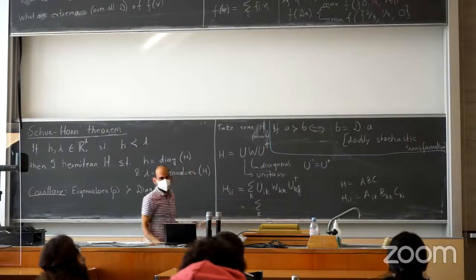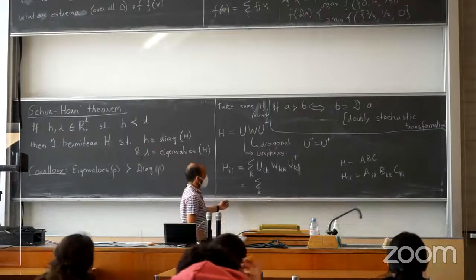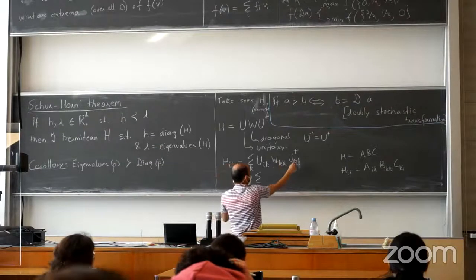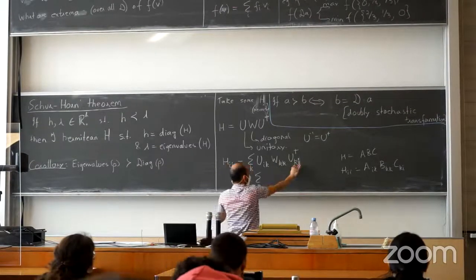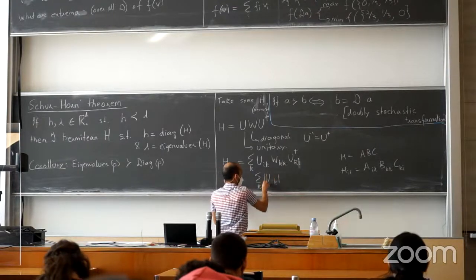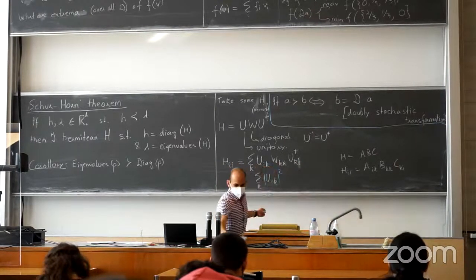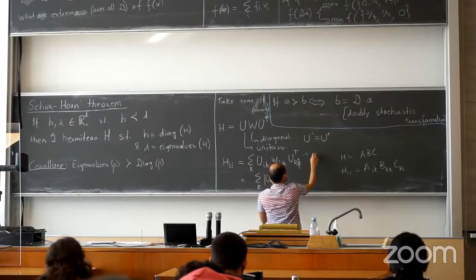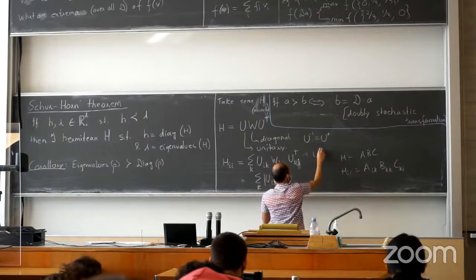Okay, so now I use the fact that U dagger_ki, I can now switch the indices because this is really a transpose. So this is going to be |U_ik| squared, because this here is the same as U_ik star, the complex conjugate of U_ki.